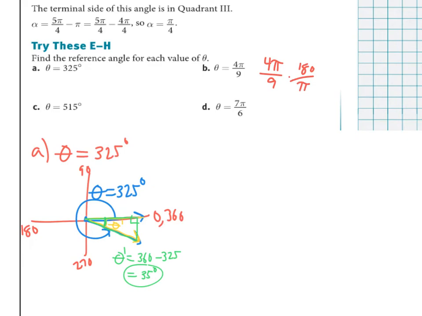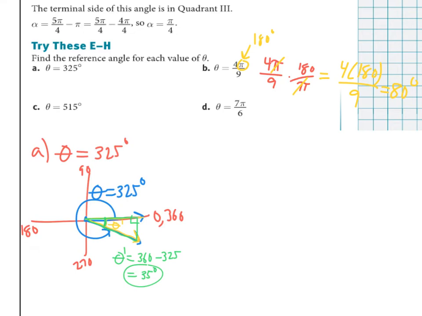We're just putting in the 180 where the pi was. It's 4 times 180 over 9, so it's really just like doing 4 times 180 because pi is 180. That's the shortcut mentioned in the previous video. But 4 times 180 over 9 gives me 80 degrees. So an 80 degree angle.